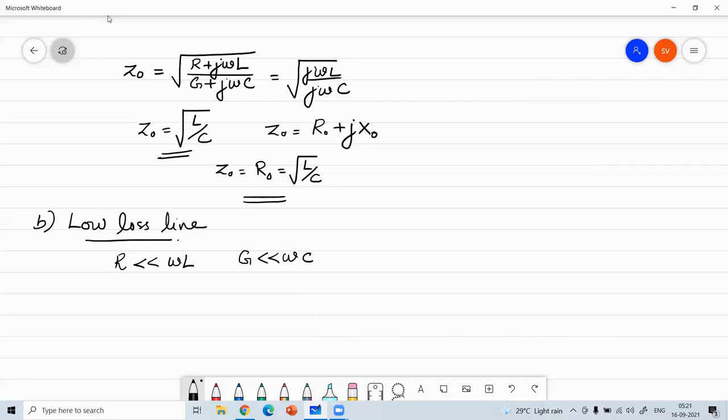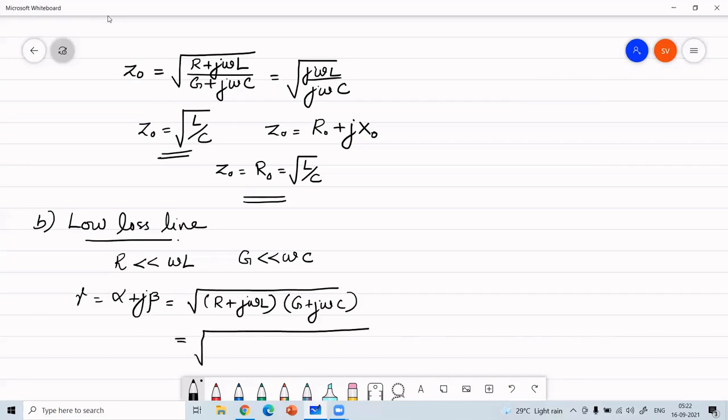So these are the conditions for a low loss line. Now let us write the propagation constant gamma is equal to alpha plus j beta, which is equal to root of (R plus j omega L) into (G plus j omega C), which is equal to root of, see, I'm taking out j omega L from here, so j omega L into (1 plus R by j omega L).